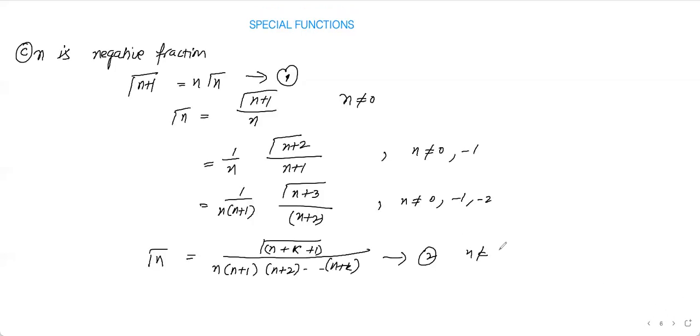Further, this holds for n not equal to 0, minus 1, minus 2, up to minus k, which defines n as a negative fraction, k being the least positive integer for which n plus k plus 1 is greater than 0, right?